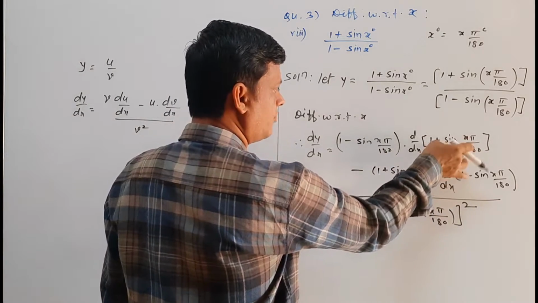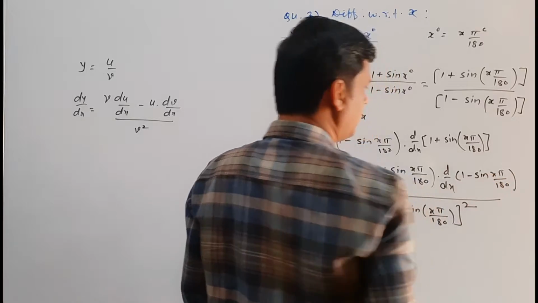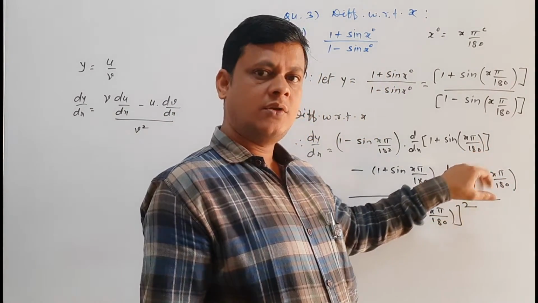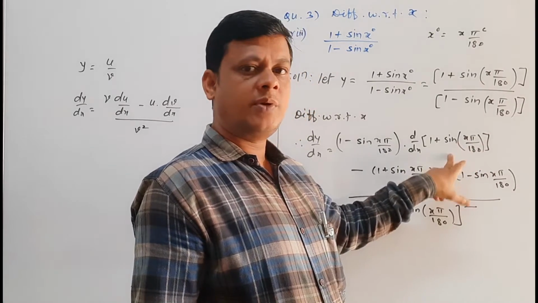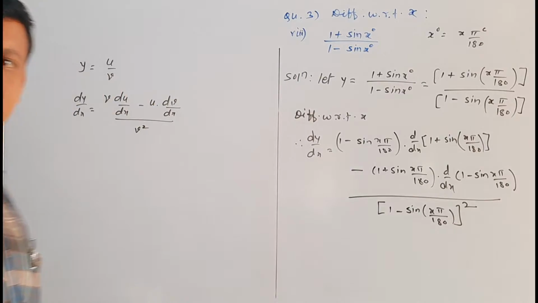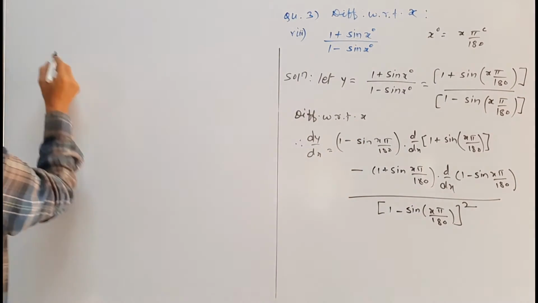So first we have to find derivative of 1, then we have to find derivative of sine. Now this is again a composite function, because instead of x, value is x pi upon 180. So apply the composite function rule for this sine x pi upon 180. So first we write bracket as it is.